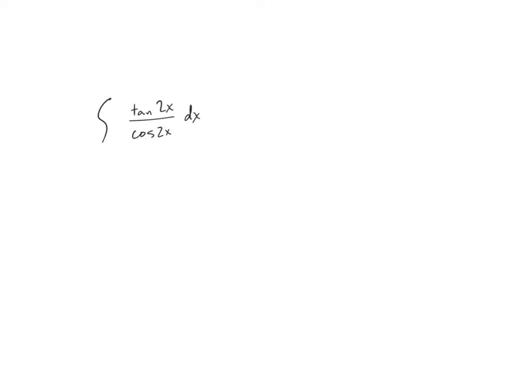I want to take one more quick look at that problem that we just did. This is the exact same problem, and I could have done something differently, right? Sometimes when I have tangents and sines and cosines all in the same problem, it helps to write everything in terms of sines and cosines and simplify. So let's see what happens here. If I write this as the sine of 2x over the cosine of 2x, because that's what tangent is equal to, over the cosine of 2x dx. How can I simplify this?